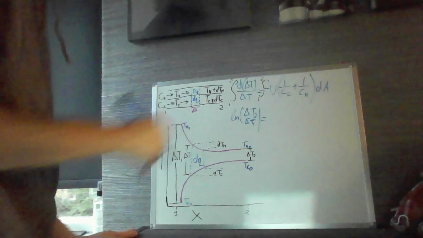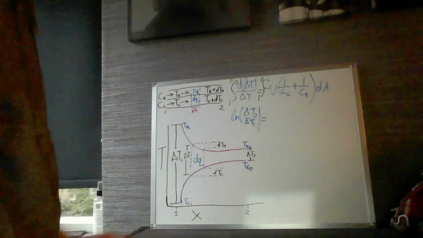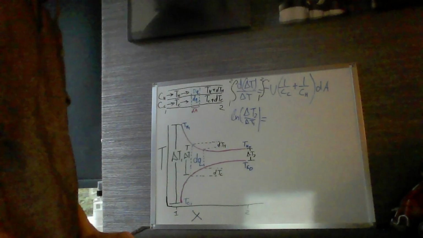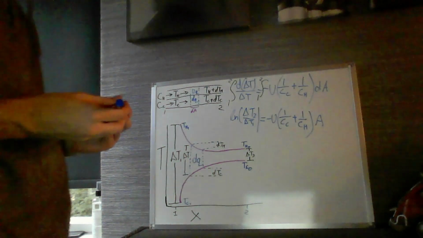Because one minus the other simply equals division. And then for the right-hand side, negative u remains the same, as well as this expression, and the antiderivative of dA is simply A. So this right-hand side remains fairly similar compared to the left-hand side, divided by A, right? So that is our new expression.